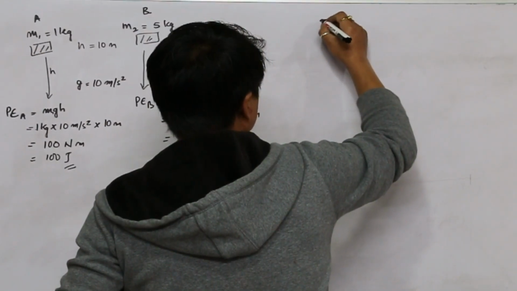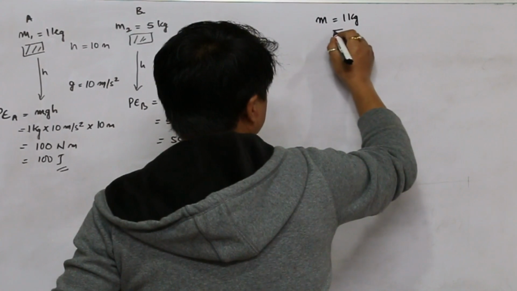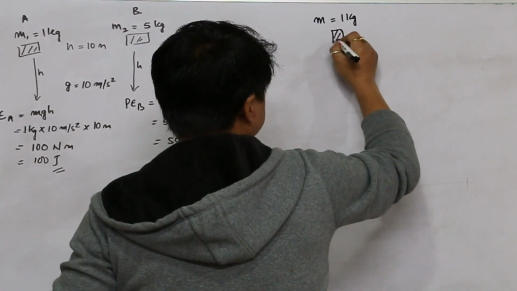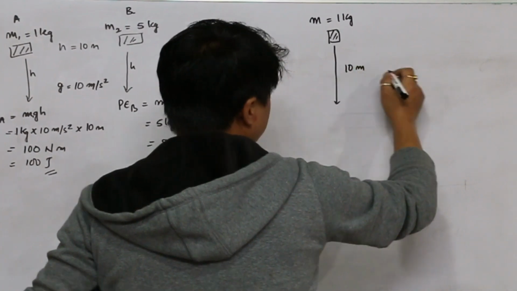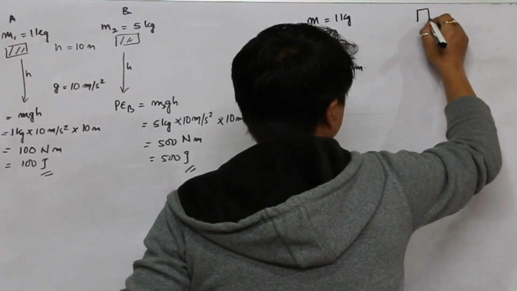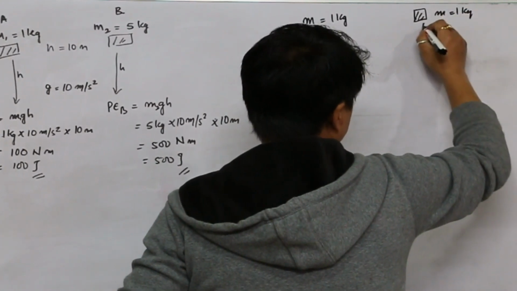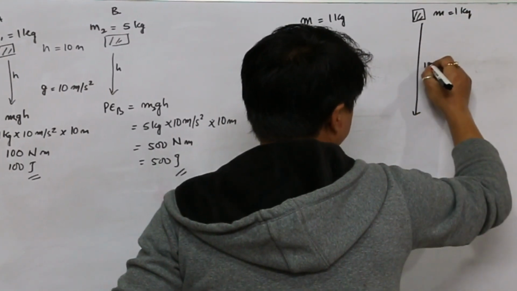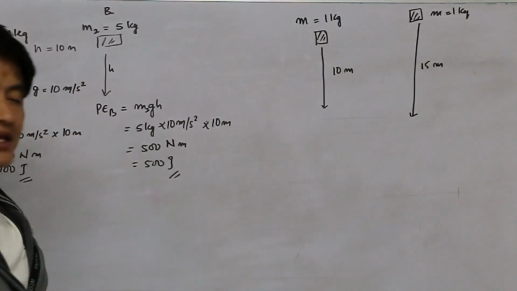Two bodies of the same mass, 1 kg, are falling: one from a height of say 10 meters, and another body of the same mass, 1 kg, from a height of say 15 meters. Now we have to calculate the potential energy.